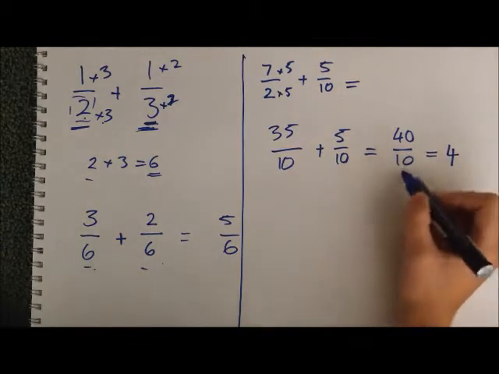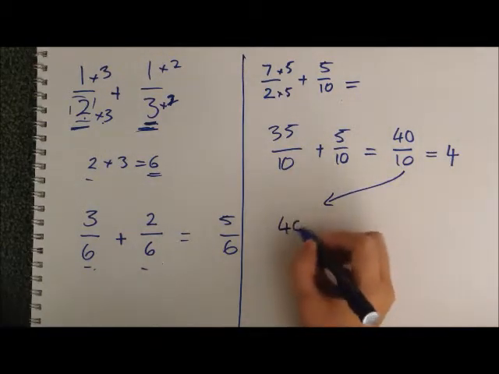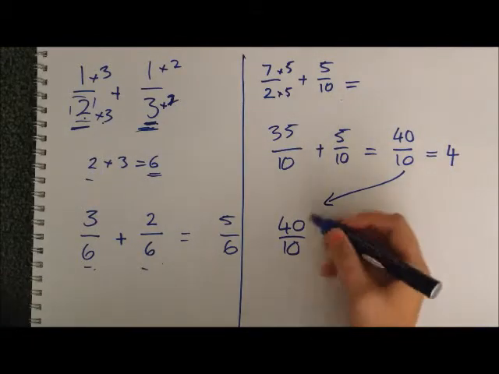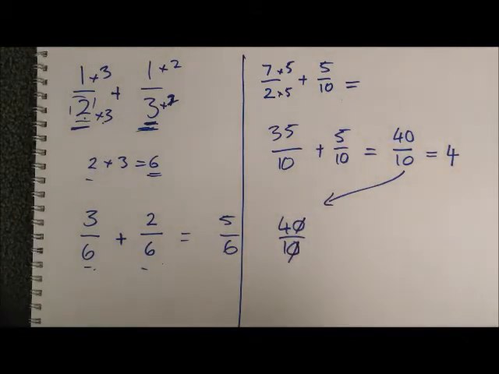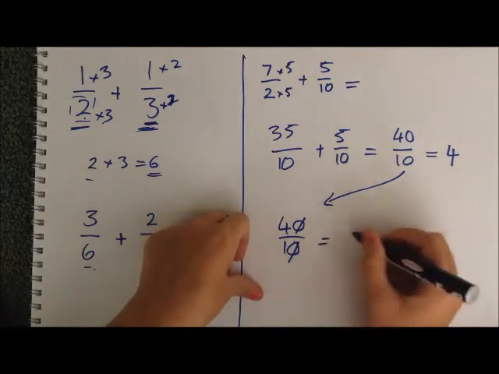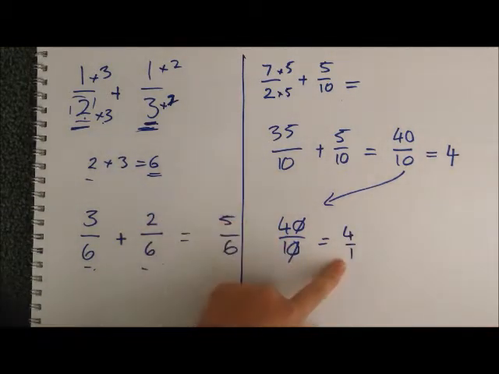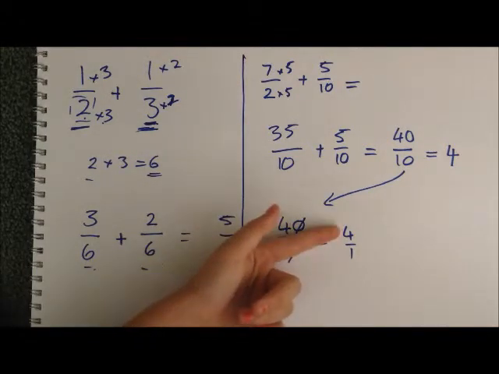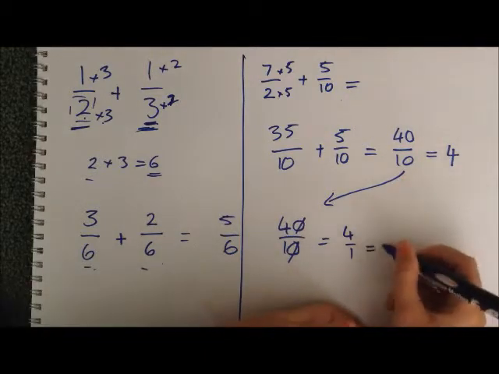So I'll bring this down here and explain it further. So 40 on 10. We can cancel out the zeros because we're dividing by 10. So then we're left with 4 on 1. Well, anything on 1 is the top thing. So that is equal to 4.